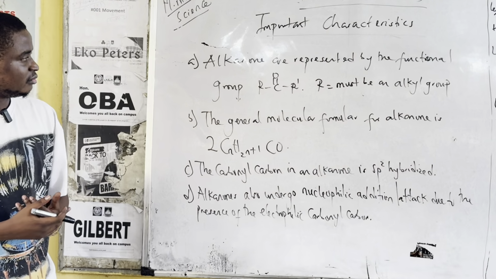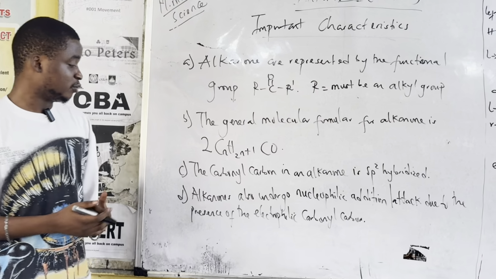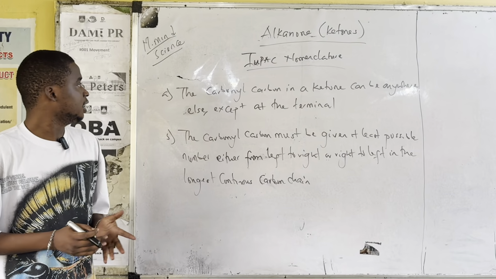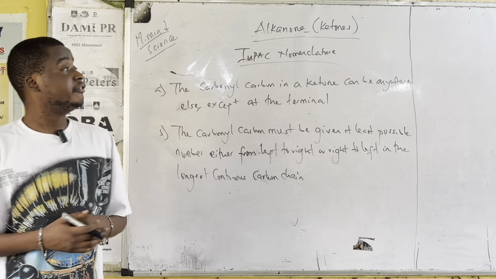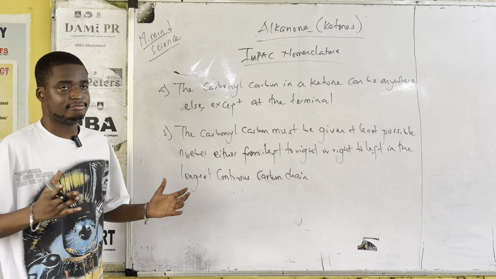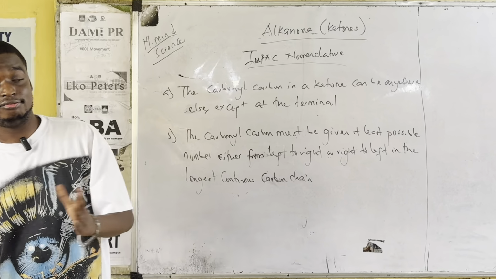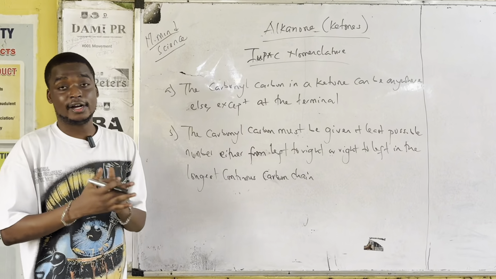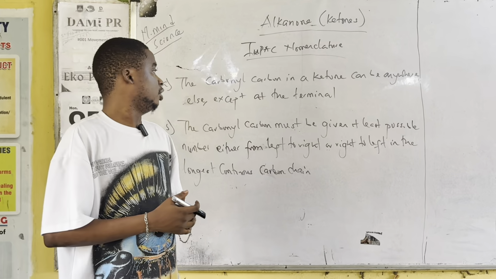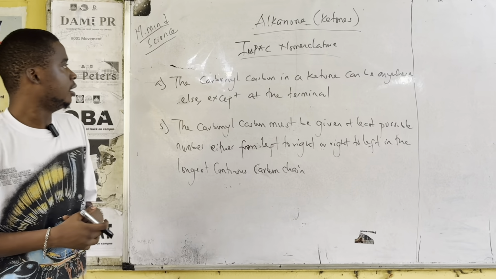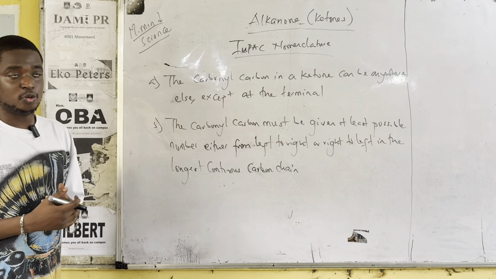Now, the next one that you probably need to know is the IUPAC nomenclature of ALKANONE. It follows the general rule as all other IUPAC nomenclature we have been doing so far, starting from the alkane, although there are some unique rules specific to ALKANONE, which is what I would like us to know.